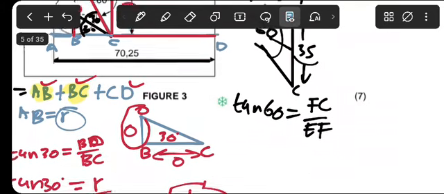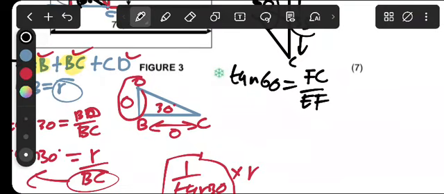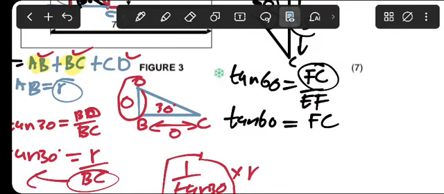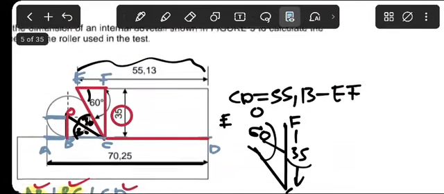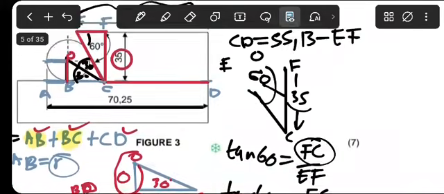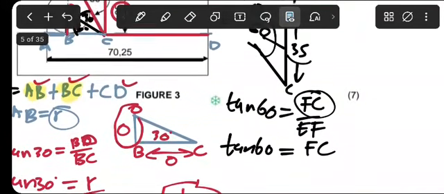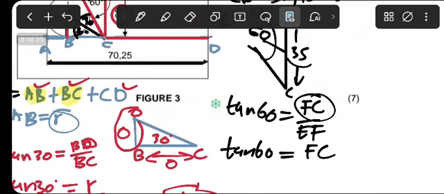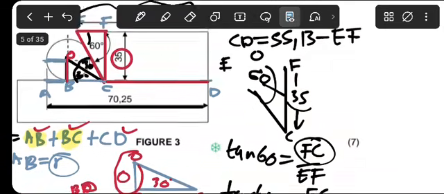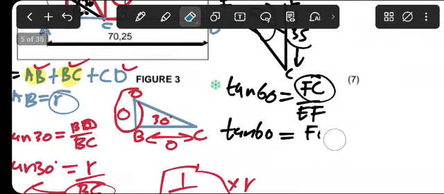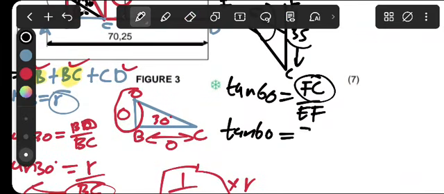So we have tan 60. The aim is to calculate EF. We have given 35, so this is simply 35 over EF.